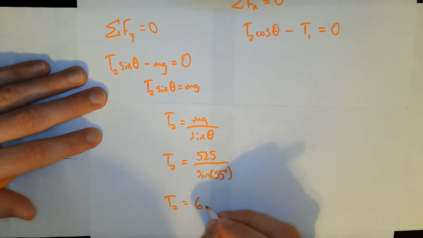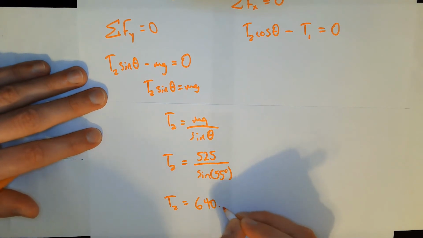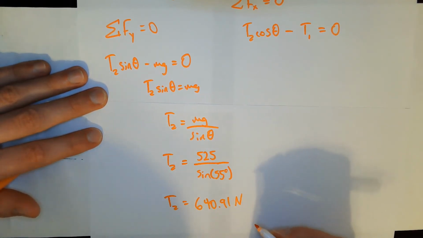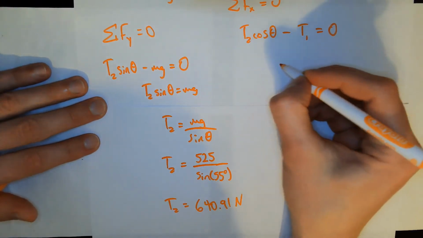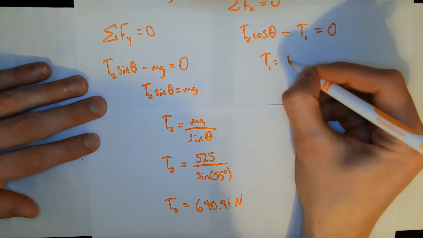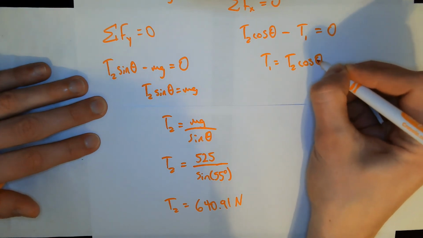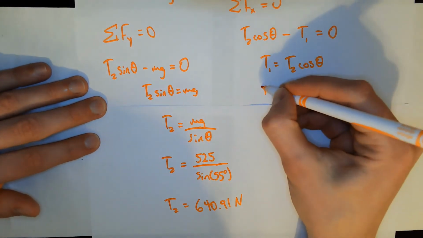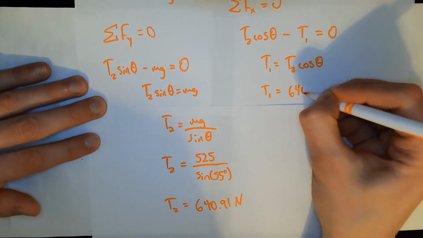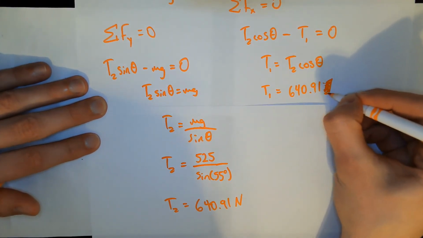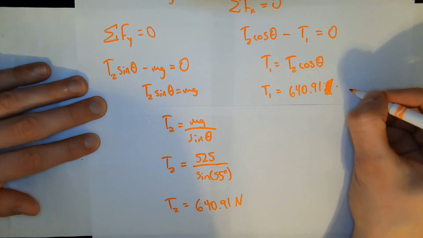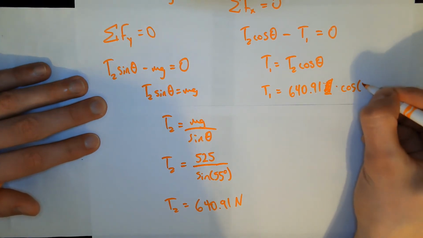Yeah, I guess so. 640.91 newtons. And then over here, T1 is equal to T2 cosine theta. So T1 is equal to 640.91 newtons. Oops, I didn't want to put the unit there. Just 640.91 times cosine of 55 degrees.